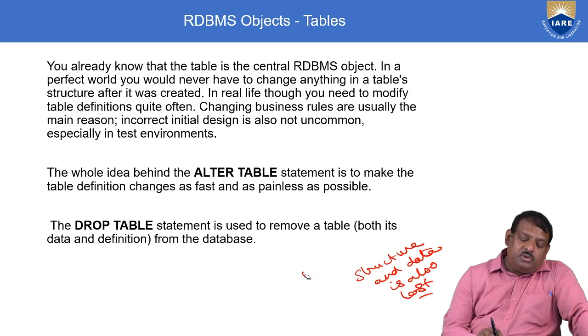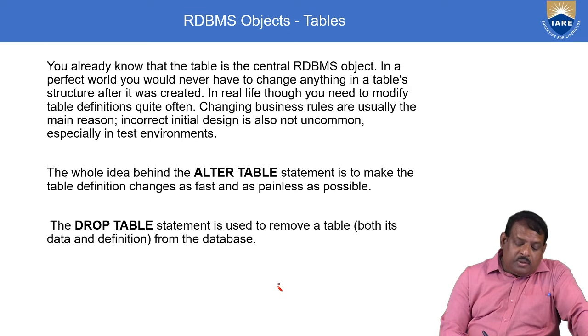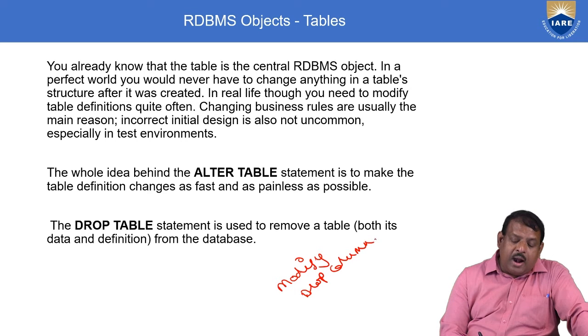Now alter is used to make changes to the existing table structure. In that alter, you can modify an existing column, you can drop a column, or you can add a new column.